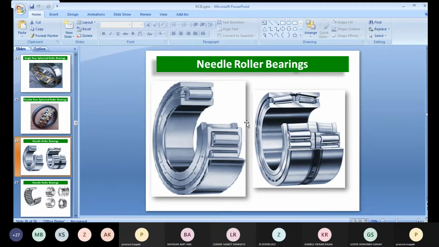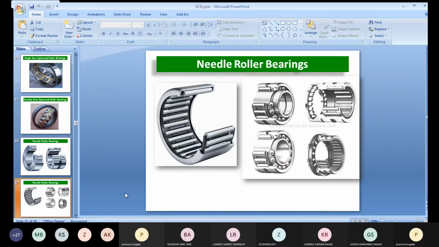So needle roller bearing. You can see this will be the single row needle roller bearing. And the second diagram is called the double row needle roller bearing. Generally, in Volvos or heavy duty vehicles, this type of bearings are used. Okay. Now for needle roller bearing, many times innovation has been done by researchers that you can use needle as well as ball bearing.